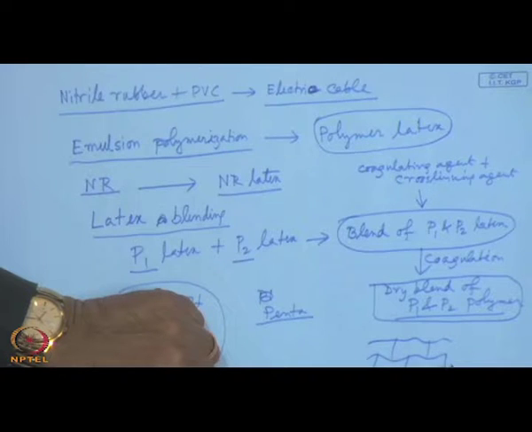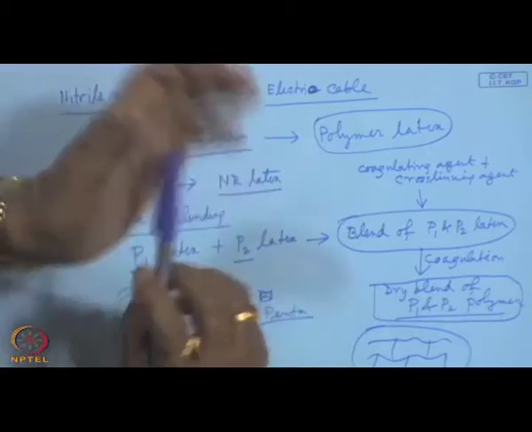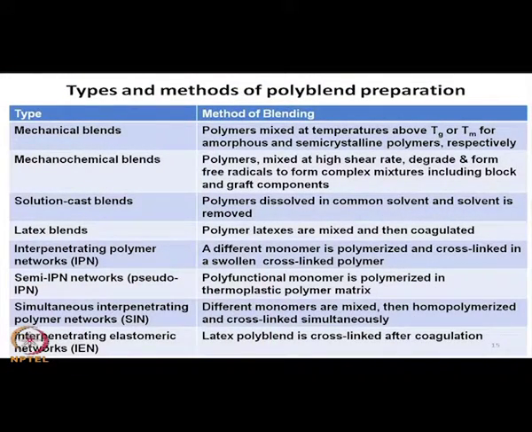That means that will lead to a cross-linked polymer morphology. So, that kind of system is known as latex interpenetrating elastomeric network, and it is done from the latex stage itself.